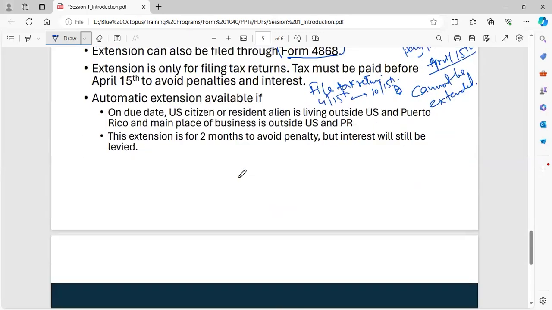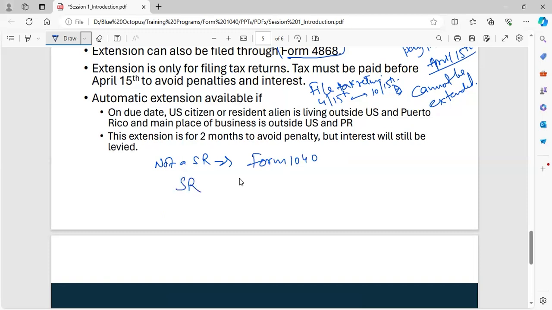Now, other than this, just the basic intro. If you are not a senior citizen, then you will file Form 1040.